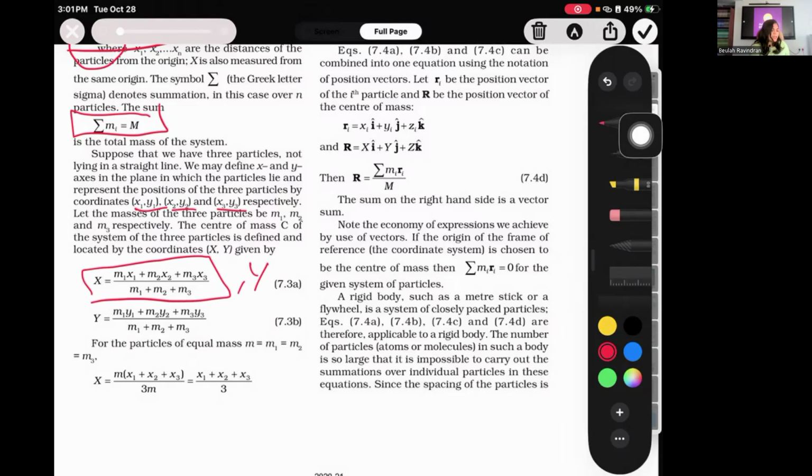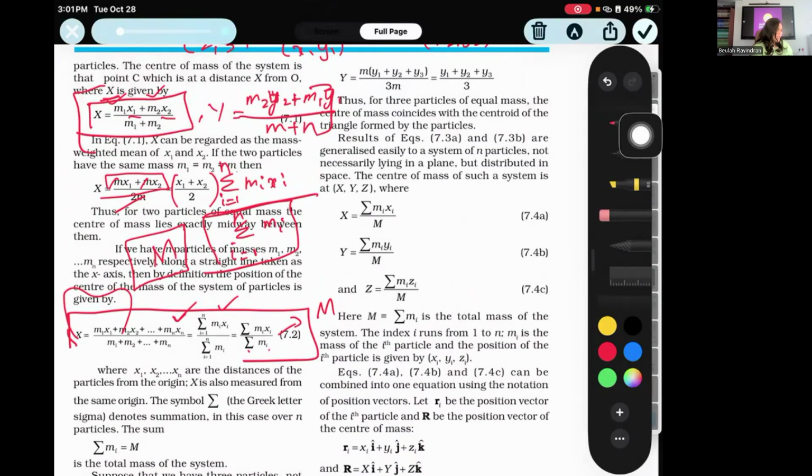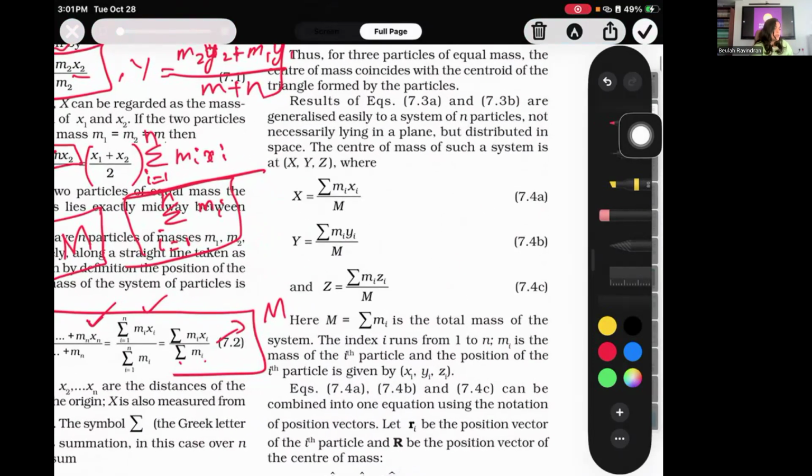If it is 3D, x comma y comma z. Okay. So take note of all these things. Don't confuse the dimensions with the number of particles. You can take an example: this is a matchbox consisting of all the matchsticks. You can write like this format also. This format is also possible.